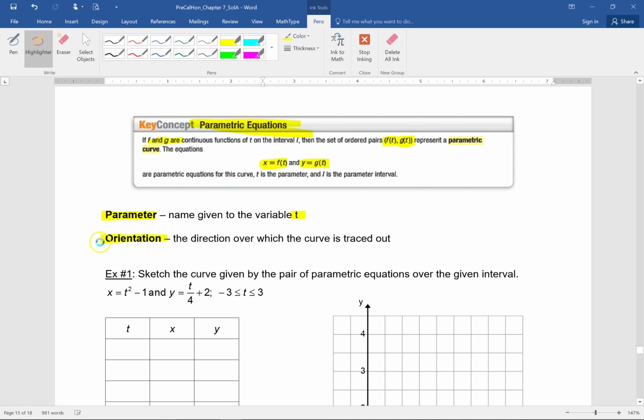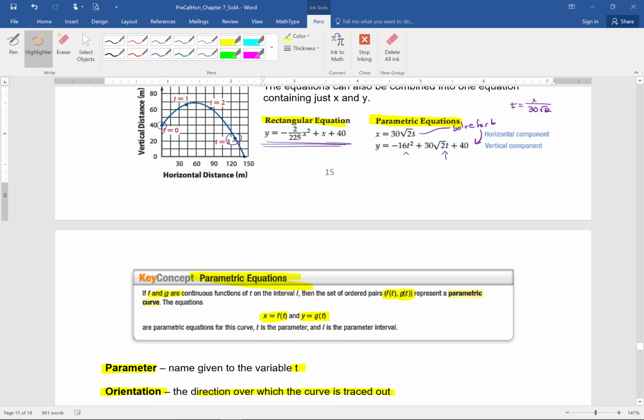And this is important: the orientation. The orientation is the direction over which the curve is traced out. For ones like this, it's easy, right? It starts from here, and you just traverse the curve this way.